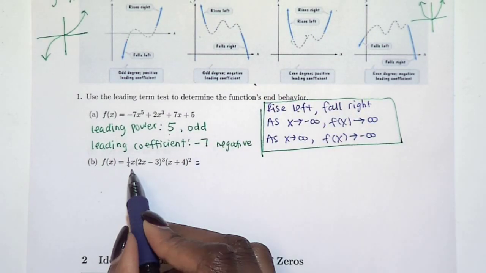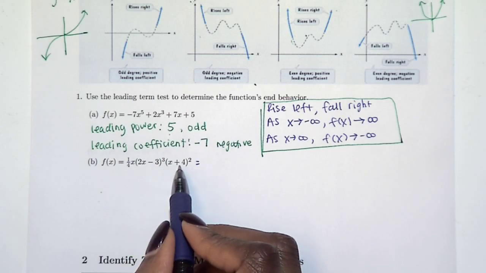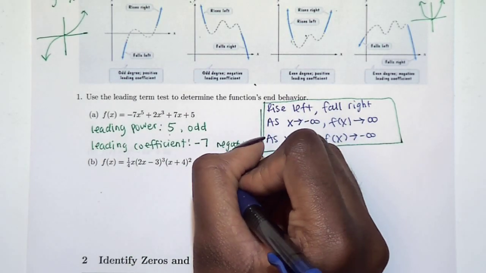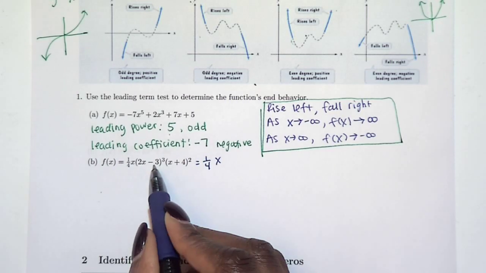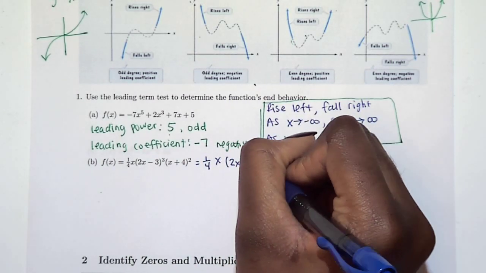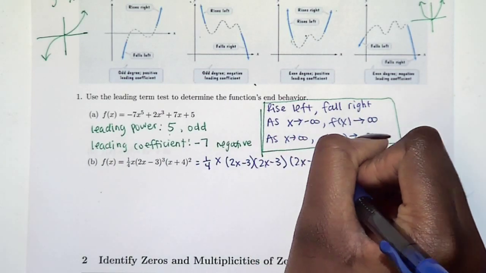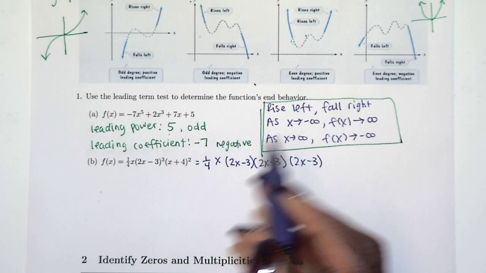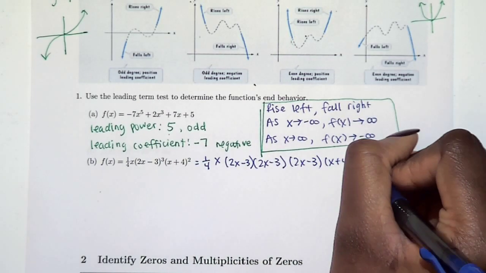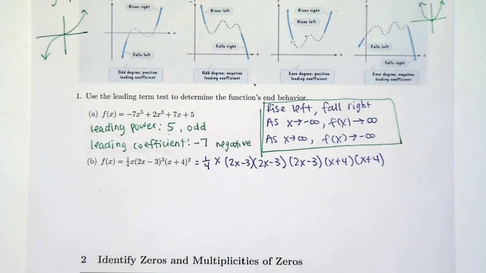What I'm going to do is expand the third power and the square. So 1/4 x, I need to multiply this 3 times, and then this 2 times. We're not going to multiply all of this stuff out.